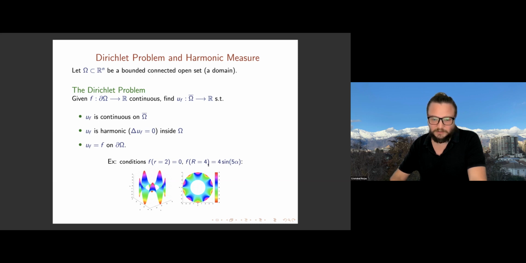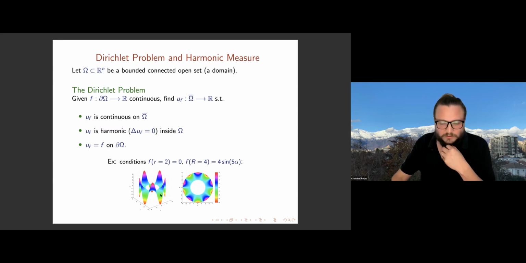And at the outer circle is this sine function, which has been amplified by 4, and the frequency is a bit faster than this frequency. So it makes 5 turns, and you can see in this picture in the boundary how it looks. And then here we also see the solution.